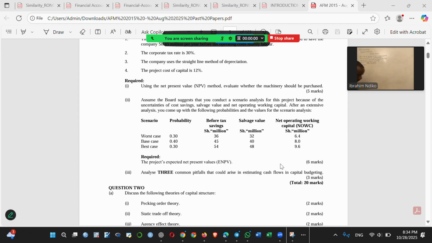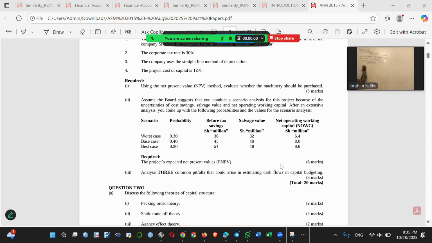Okay, let us go to the base case. What is our earnings before tax savings? 45. Salvage value? 40. Net operating working capital? 8 million. We use that information to calculate NPV, sivyo? What is the NPV?